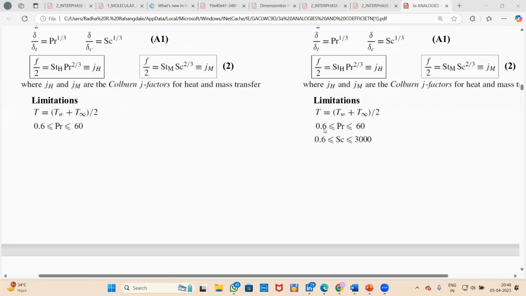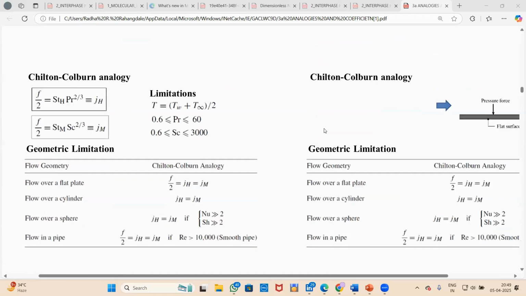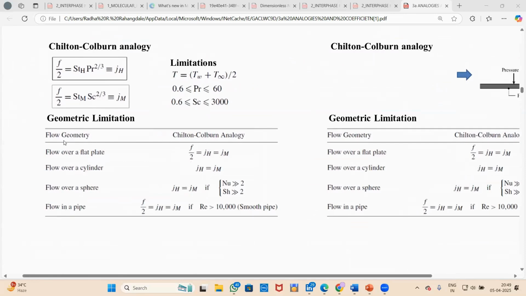If your Prandtl number lies well between 0.6 and 60, like 30, 10 or 20, then the error will be less. But at the boundary of your limits, the error will be more. So keep in mind, at the boundary, whether you are finding answers using the Prandtl number or the Schmidt number, the error will be more.